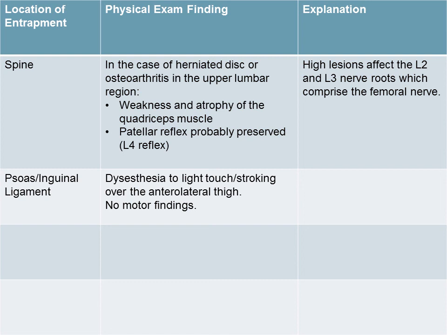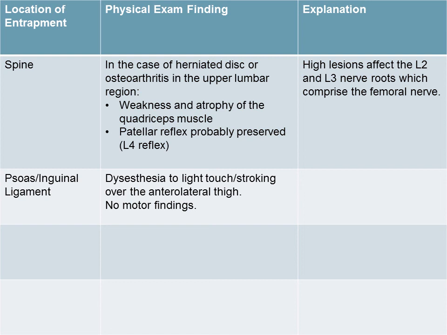Now, if the lateral femoral cutaneous nerve is entrapped at either the psoas or the inguinal ligament, after the L2 and L3 nerve roots come together to form the named nerve, the lateral femoral cutaneous nerve, then we're going to have sensory findings only. There will be no motor findings, because by now, once we get to the lateral femoral cutaneous nerve, there are no motor neurons traveling in this nerve.